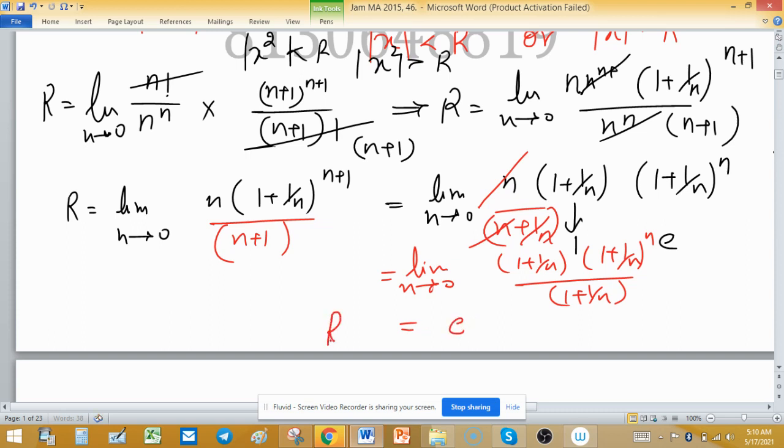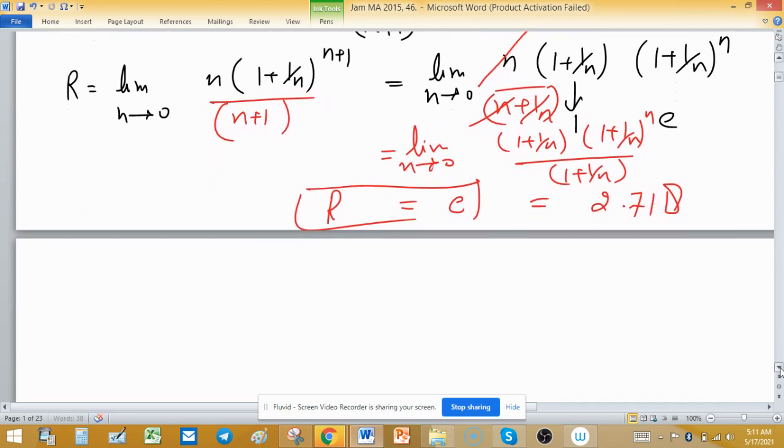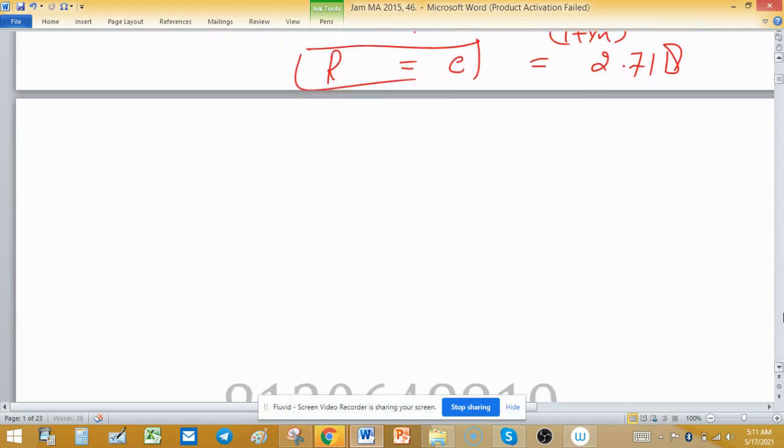So the radius of convergence r is e, and the value of e is 2.718, because we have to tell the radius of convergence, or the value of c, to 3 decimal places.